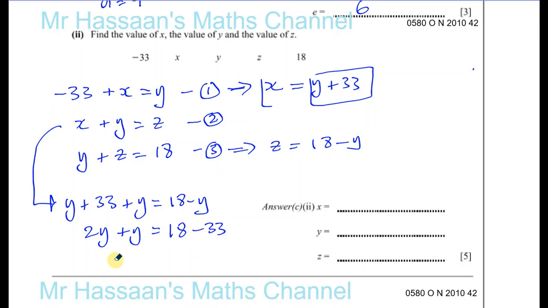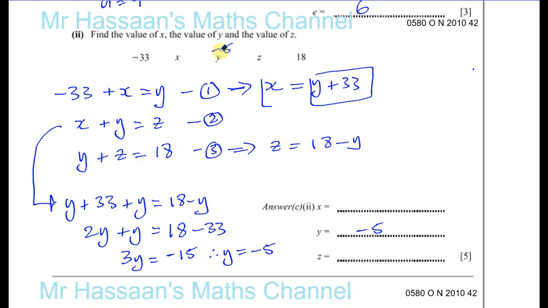Okay, so I have 3y is equal to 18 minus 33. 18 minus 33 is minus 15. So I know that, therefore, y is equal to minus 15 over 3, which is negative 5. So I know that y is minus 5.